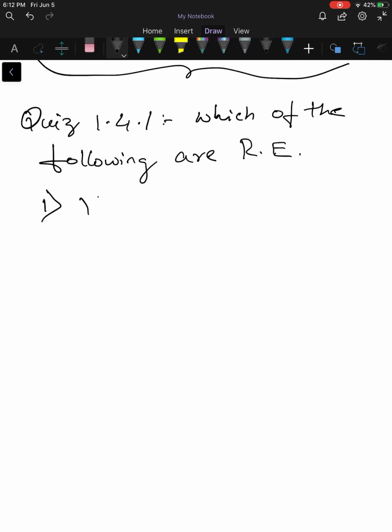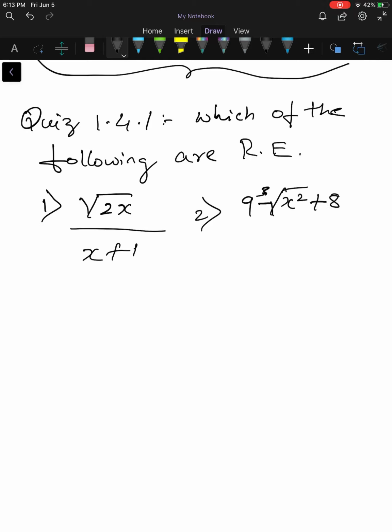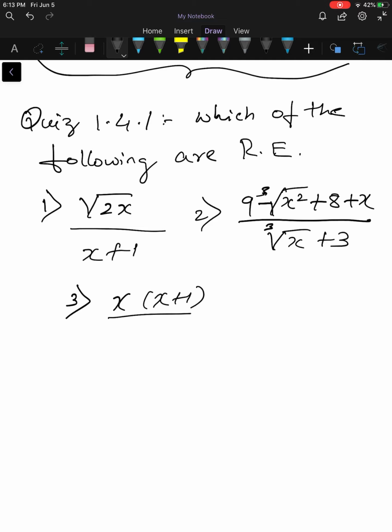First, square root of 2x divided by x plus 1. Second, 9 cube root of x square plus 8 plus x divided by cube root of x plus 3. Third, x of x plus 1 divided by x plus 1 the whole square.